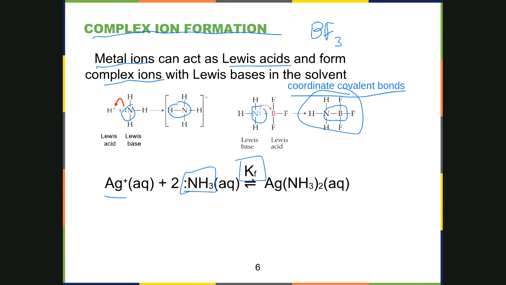The final thing that we end up with is this, except there is a mistake here: this should have a positive sign on it. As you can see, the equation is not really in balance. There's a positive charge on the left, and there's nothing that's going to balance that charge, like with the ammonia. So you still have a positive charge at the end. The complex ion that we have has a positive charge, and that's going to be true for some other ones that we're going to see in a second. Anybody got a question?